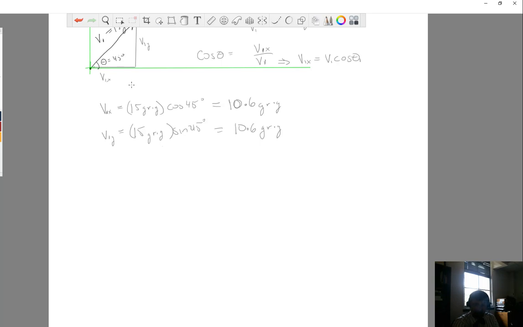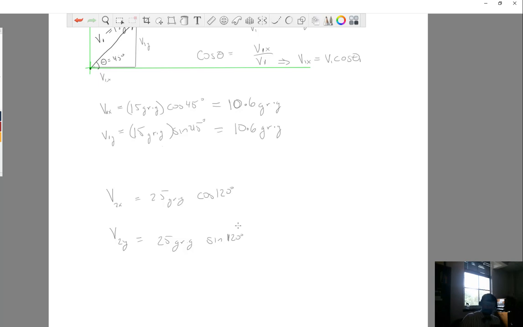You can draw the diagram again if you'd like, but you can just plug the numbers in now that we've seen this. So V2x is 25 gram g times cosine of 120 degrees, and V2y should be 25 gram g times sine of 120 degrees.